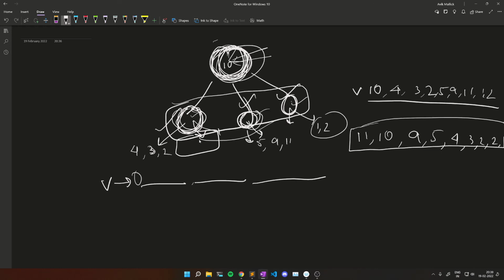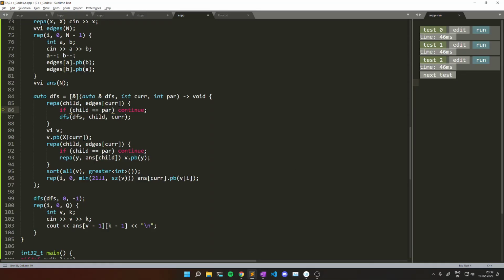I go to all the children, take their maximum values, put them in my vector v, and after that I sort it in decreasing order so that the first value is the largest value in v. And this is the part where I got TLE.